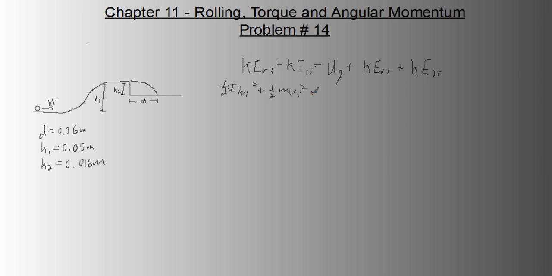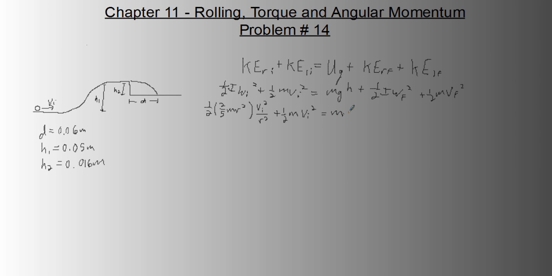That's going to turn into mgh plus 1/2 I omega final squared plus 1/2 m v final squared. And this is a solid sphere, so we can expand this: I for a solid sphere is 2/5 mr squared. Omega is v over r, so this becomes 1/2 times 2/5 m r squared times v initial squared over r squared, plus 1/2 m v initial squared.